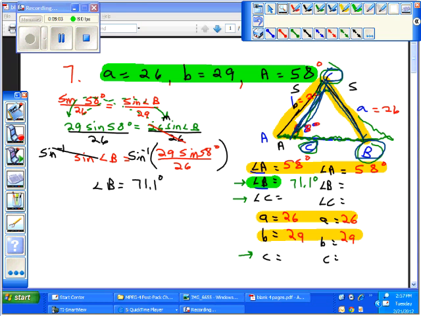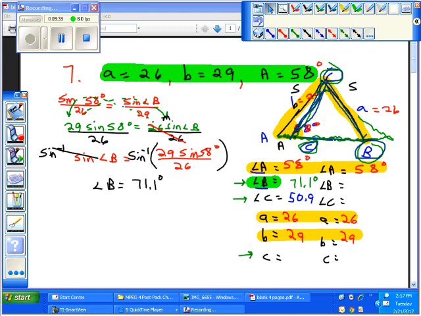If they don't, that means there's enough room for angle C. To get our angle C, we could take 180 minus 58 minus 71.1, and we would get that angle C for my first choice would be 50.9 degrees. And then we would say, okay, there's my first choice.